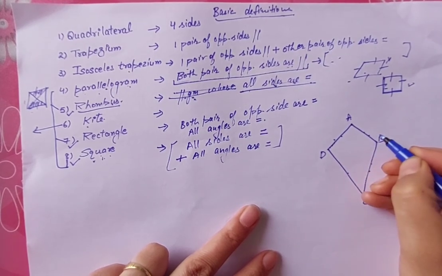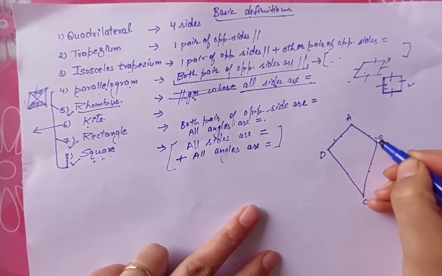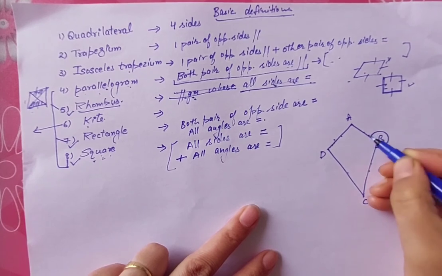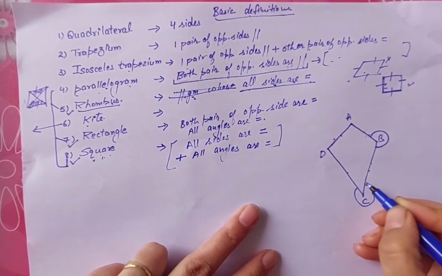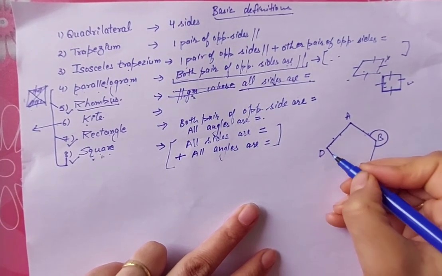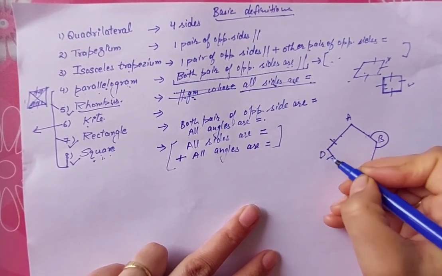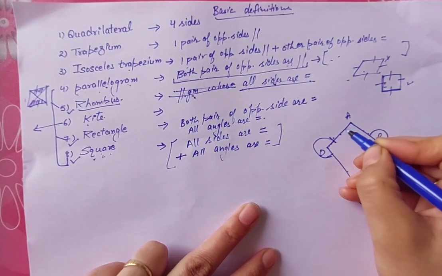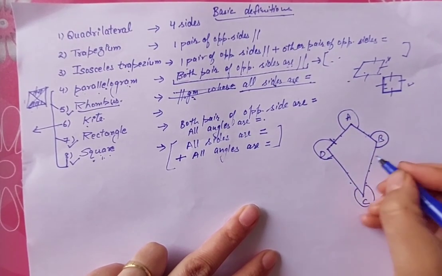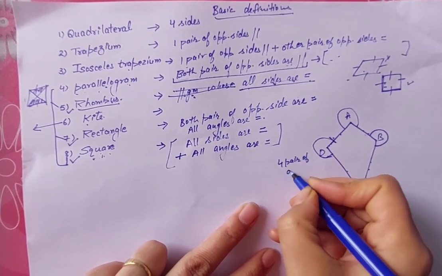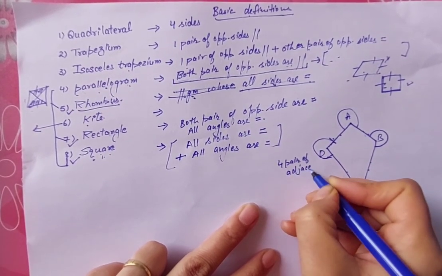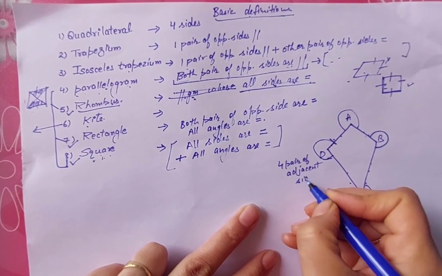So how many pairs of adjacent sides are here? So 1 pair तो ये हुआ, एडजेसेंट दोनों जुड़ी हुई हैं. The second pair is this and this. The third pair is this and this. No, third pair, and the fourth pair this and this. So every quadrilateral has 4 pairs of adjacent sides. जुड़ी हुई sides, adjacent sides.